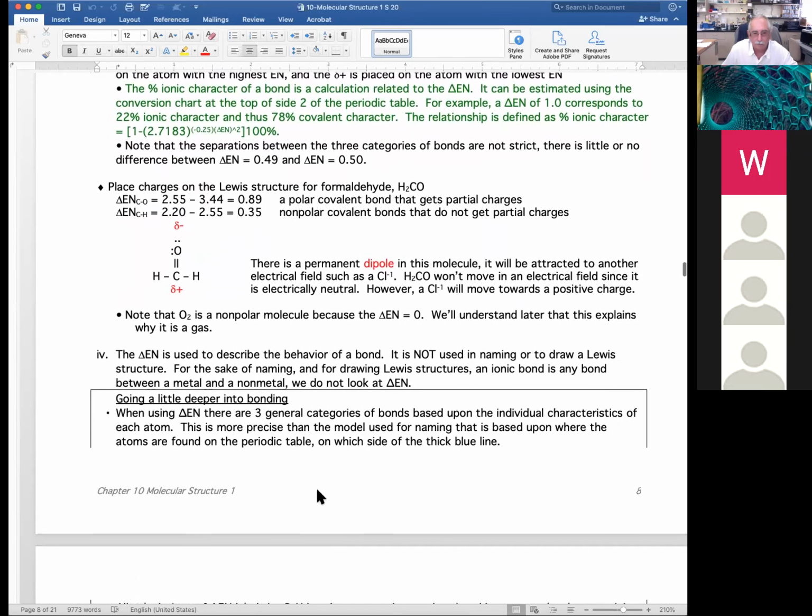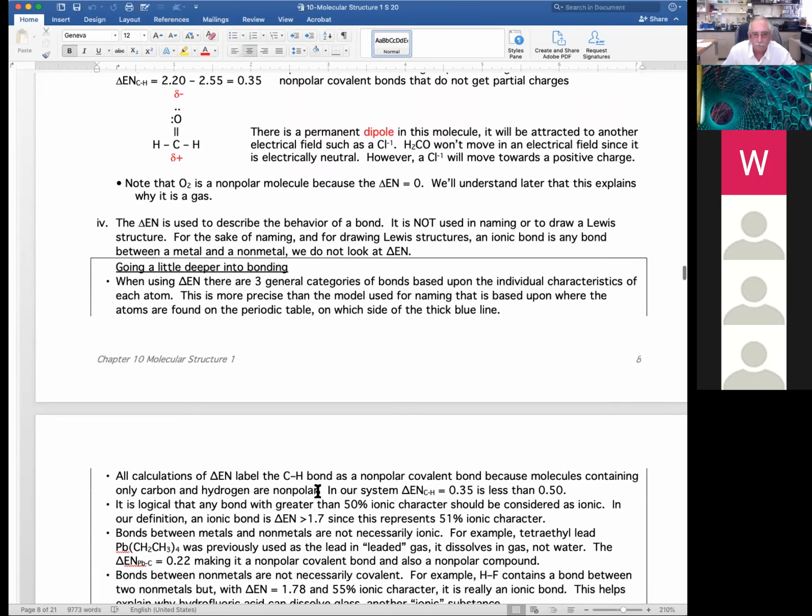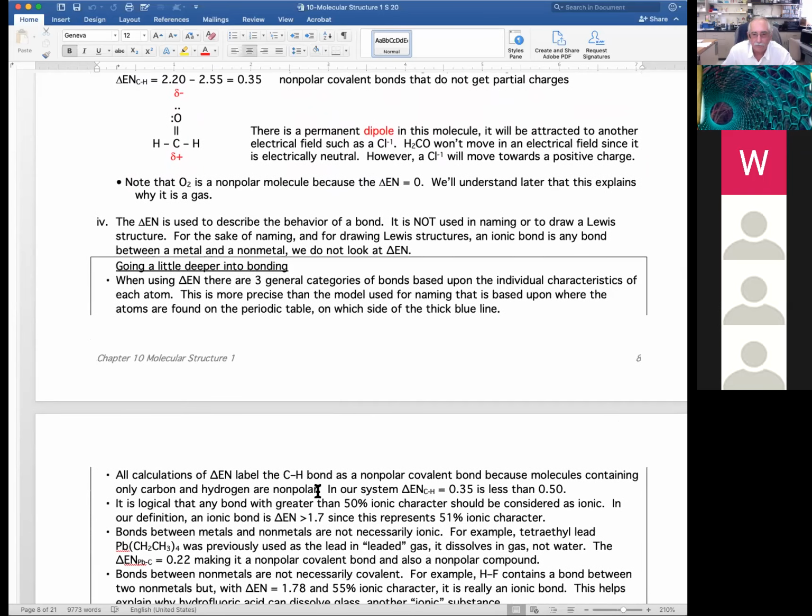So anyway, moving on a little bit, going a little bit deeper into bonding. We now have 3 categories of bonds based upon the individual characteristics of each atom. This is way more precise than saying, oh, this is from one side of the periodic table and this is from the other side, so one's going to be positive and one's going to be negative because of their location on the periodic table.